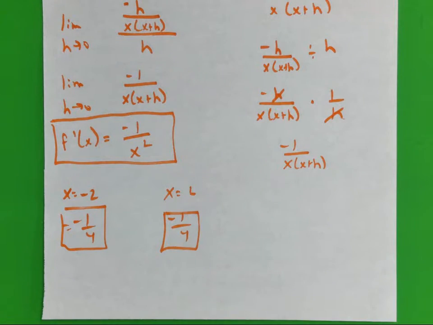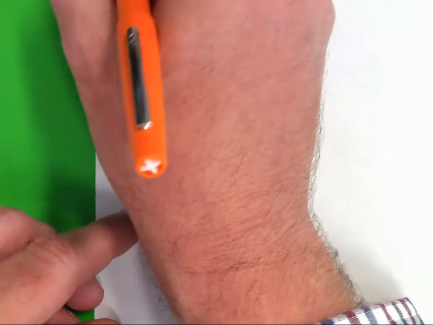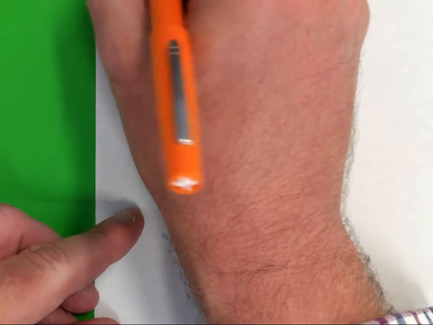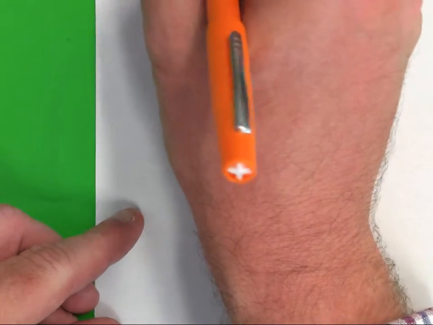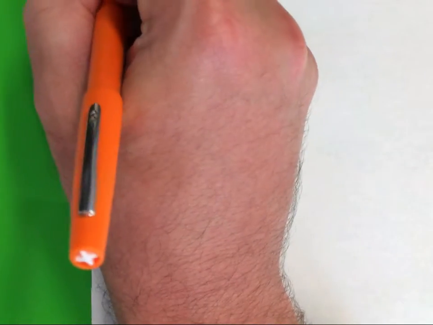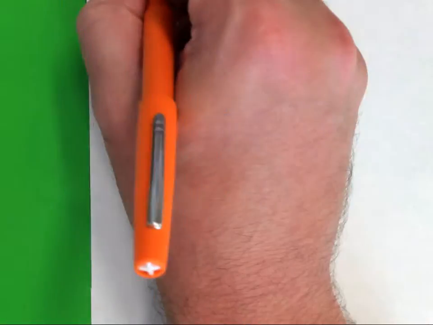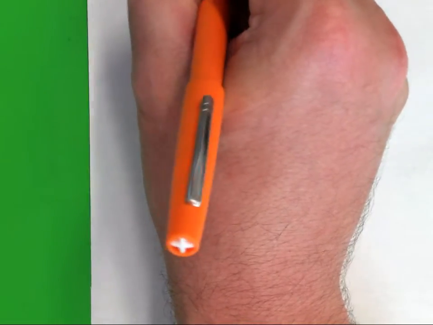All right, let's look at number 8. We have f of x equals square root of x. So we're going to find f of x plus h first. That gives me square root of x plus h.